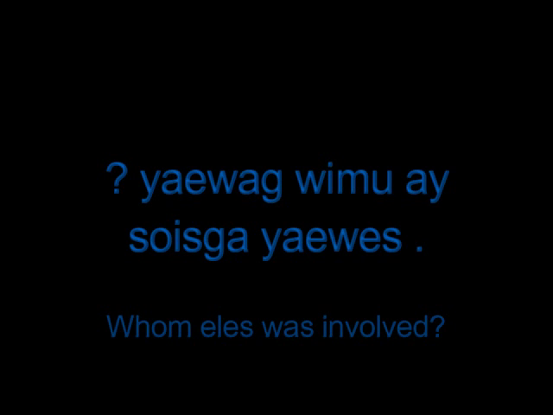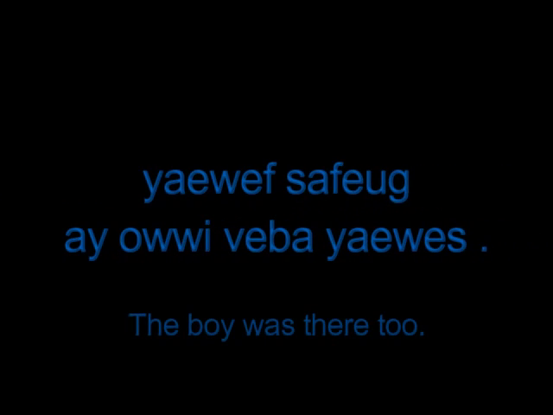I connects the next statement as a past event, and soiska means "time of involvement". An answer to this question could be "yafa sathag I ofe vava yafas", which means "the boy was there too".